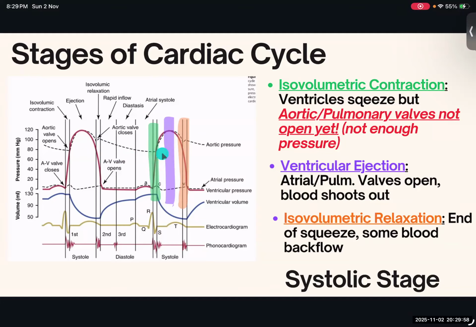When it reaches the threshold pressure, which is about 80 millimeters mercury, it then shoots open, okay? And as you can see here, again, in isovolumetric relaxation, the valve remains open. You see this little bump, right here? The valve remains open for some time until the pressure drops far enough for it to close, which marks the end of isovolumetric relaxation.